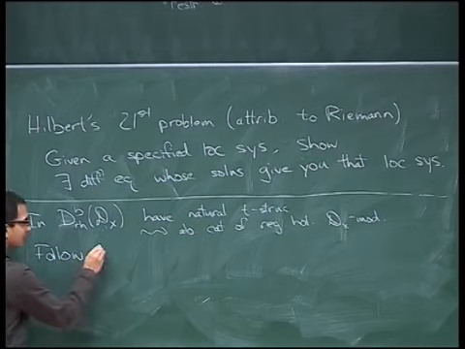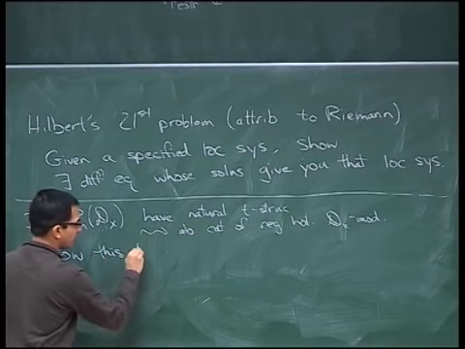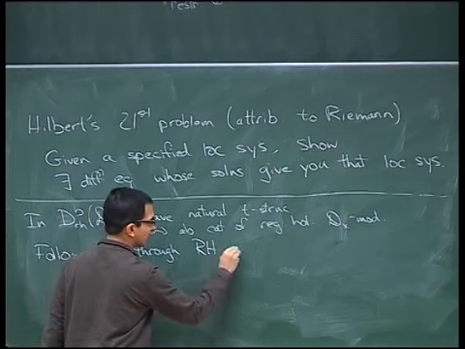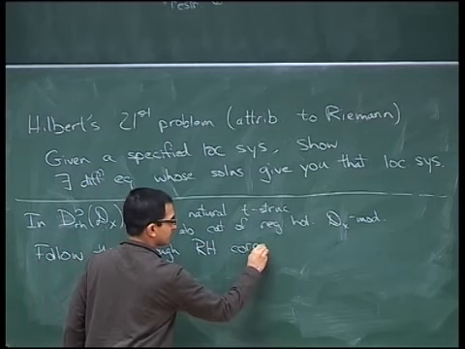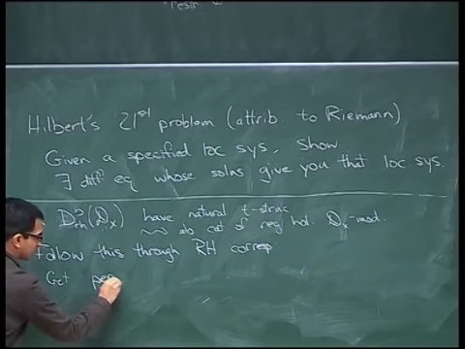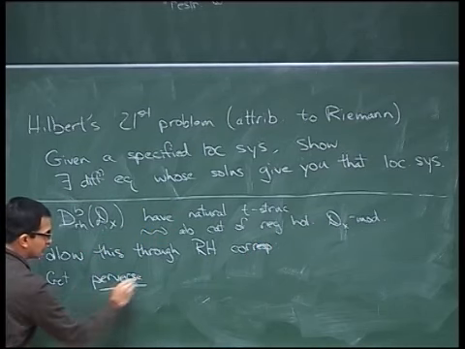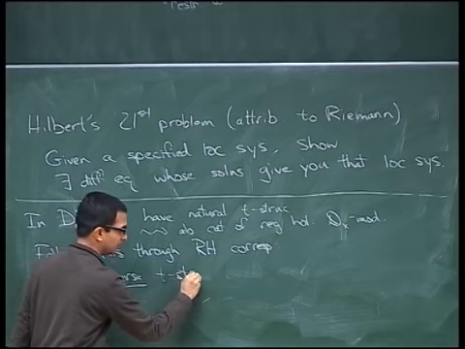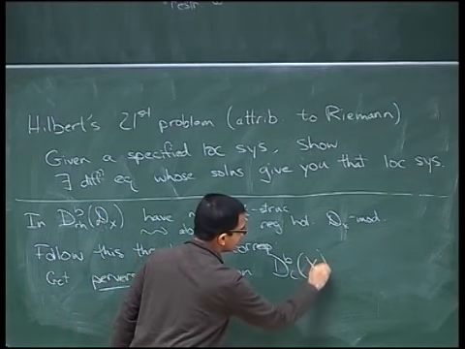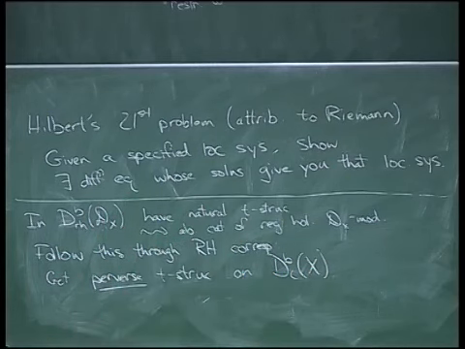So when you follow this through the Riemann-Hilbert correspondence, you get the perverse t-structure on D^b_c(X).